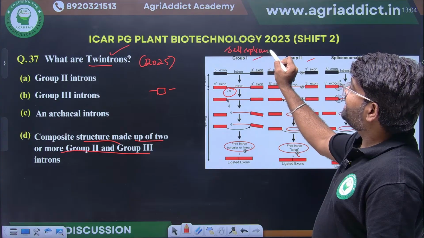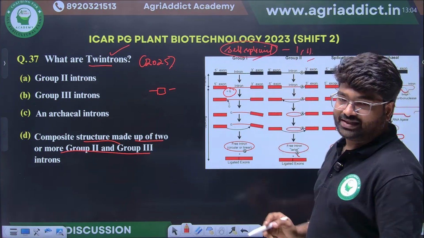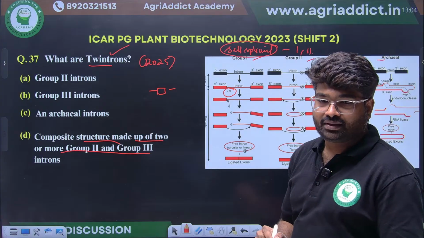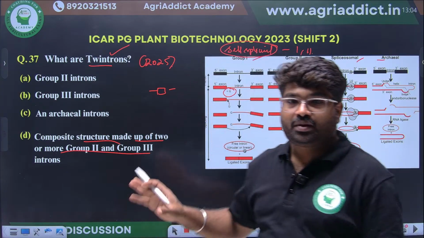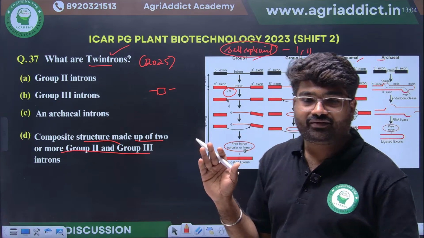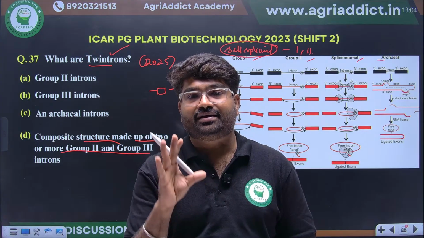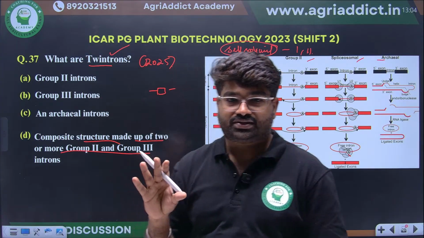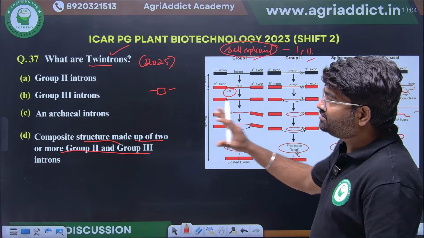There is no need of spliceosomal complex to remove the introns. Group 3 comes under the class of spliceosome-mediated intron removal, where different spliceosomal processes will happen. This you have to know.